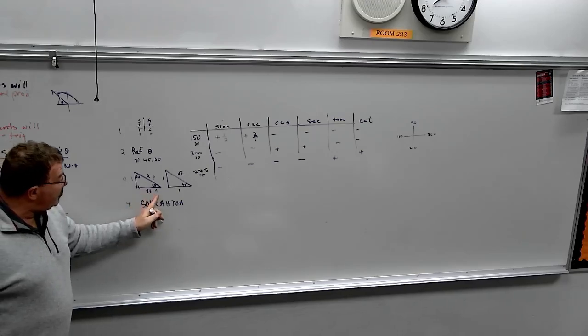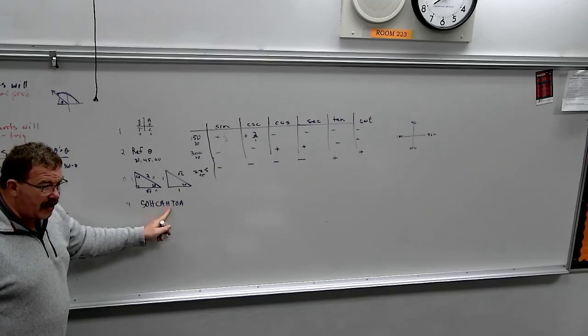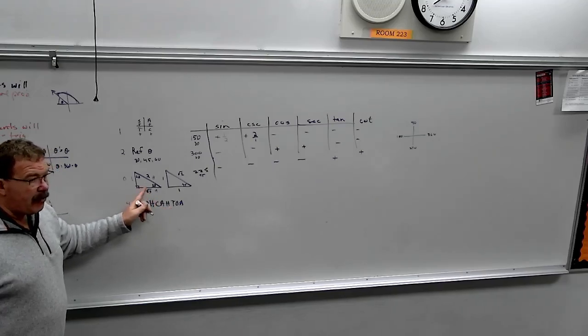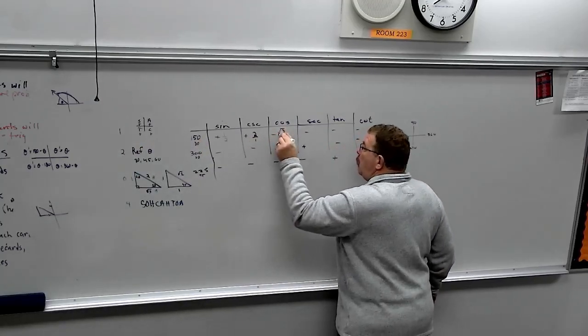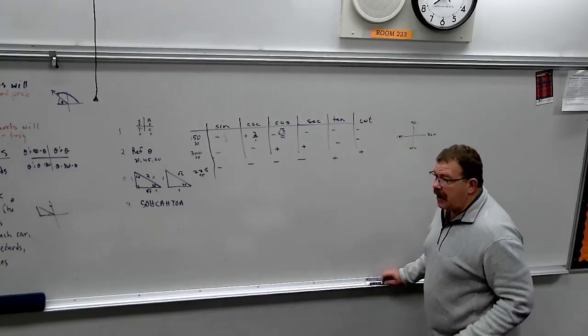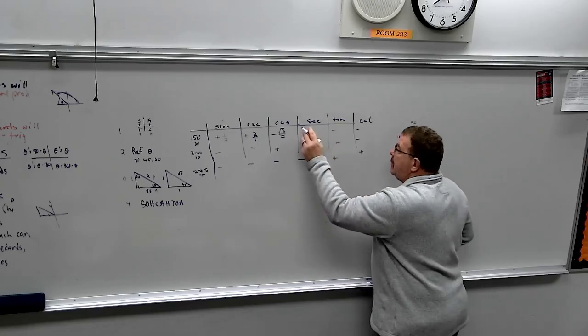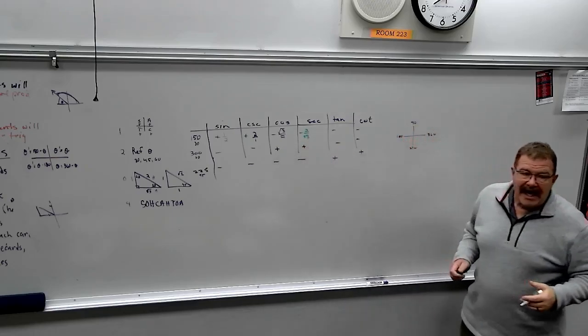What would cosine be? Adjacent over hypotenuse, so root 3 over 2. Now, no matter what, you know you have to do some rationalizing. We know that secant is 2 over root 3. What is that in proper form?